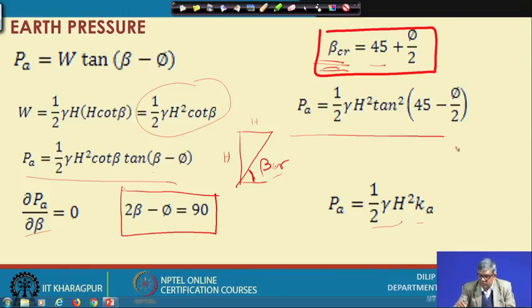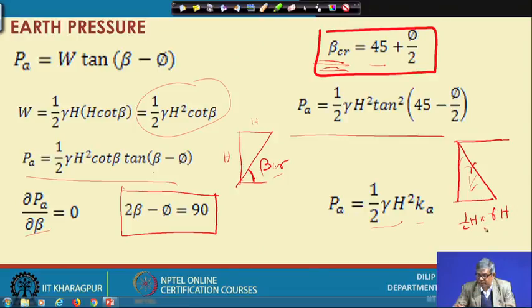So, if there is a wall and there is a backfill, and the soil unit weight is gamma, then the soil pressure diagram with depth will be like this. The area of this diagram will be half into h into gamma h, is it not?